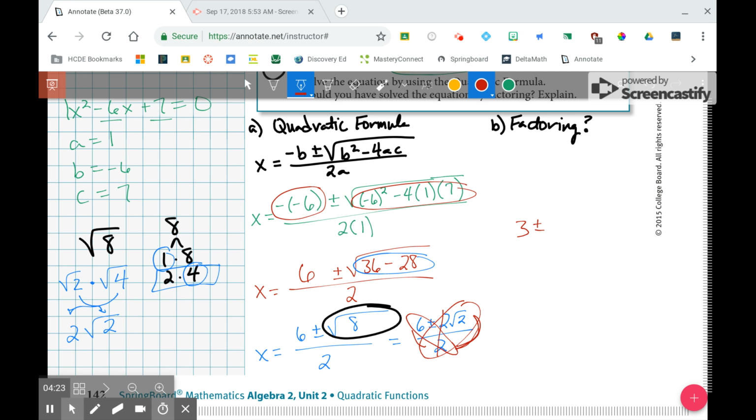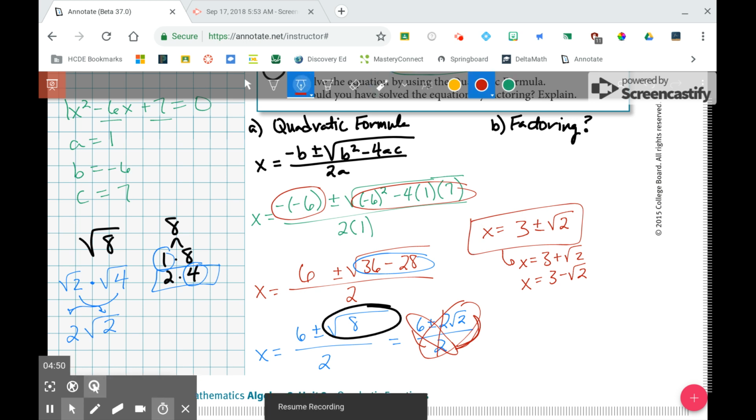So you'd have 1 square root of 2, or you can just put square root of 2. So right here, this is our x value. That means there are 2 answers. There's x equals 3 plus square root of 2, and x equals 3 minus square root of 2. So we don't really want the decimal approximation. This would be our answer. You can either write it 2 times, one with a plus, one with a minus, or you can write it once with a plus minus.